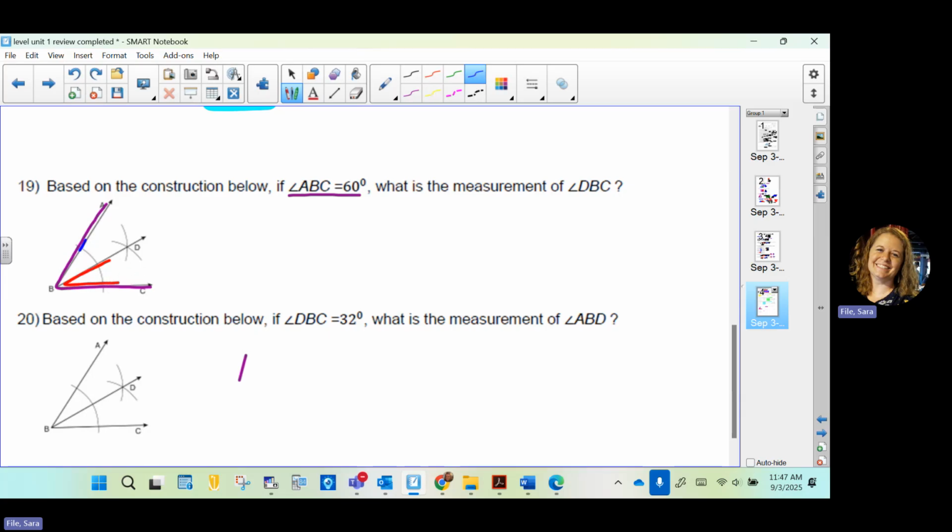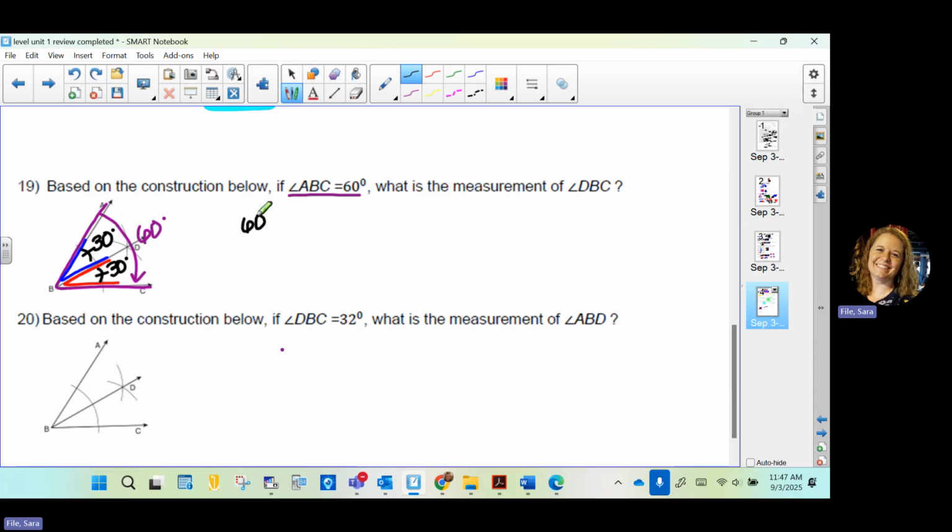Well, what did we talk about? Bisect means cut in half. So doesn't it mean that these two little angles created are the same? The whole big angle is 60 degrees. What does that mean each of those pieces will be? How did you get 30? What math did you do?